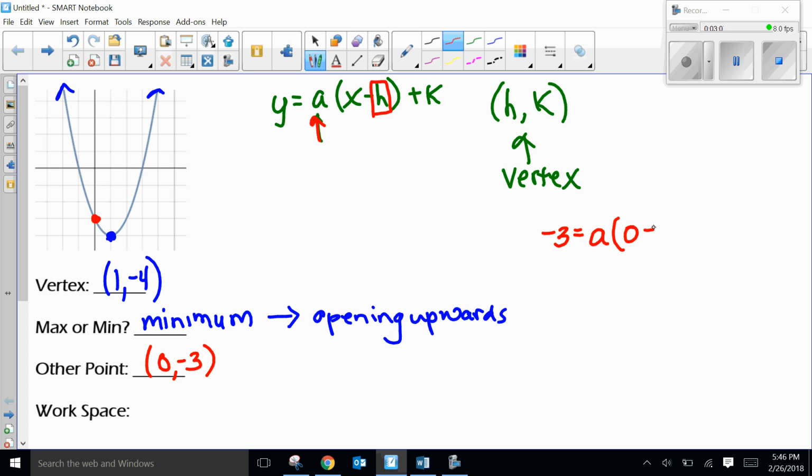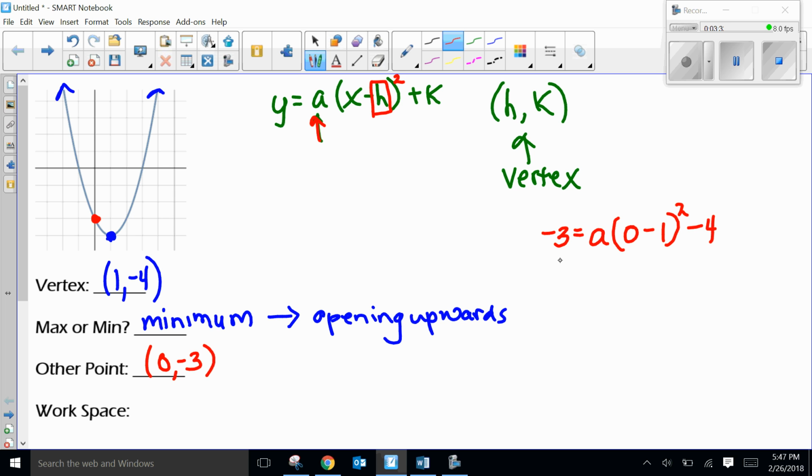So minus is part of my formula. 1 is my x value for my vertex. And then negative 4, so this is going to be a minus 4. Okay, and now I need to, oh, I'm sorry, I forgot a very crucial point. That needs to be squared because it is a quadratic function.